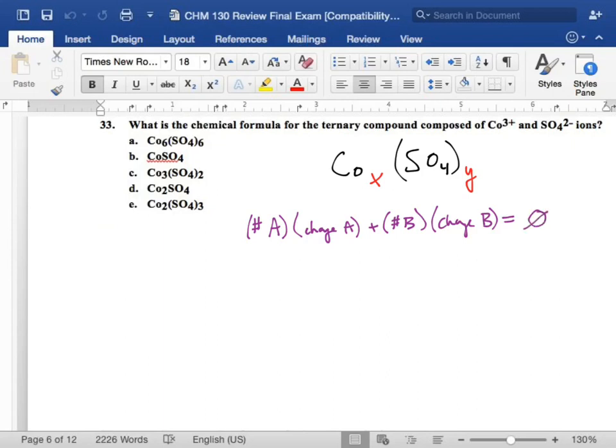Officially, what it equals is the overall charge. Most cases that you'll be dealing with, that overall charge will be 0. So when we're being asked for the compound, we're asked for a 0 overall charge.